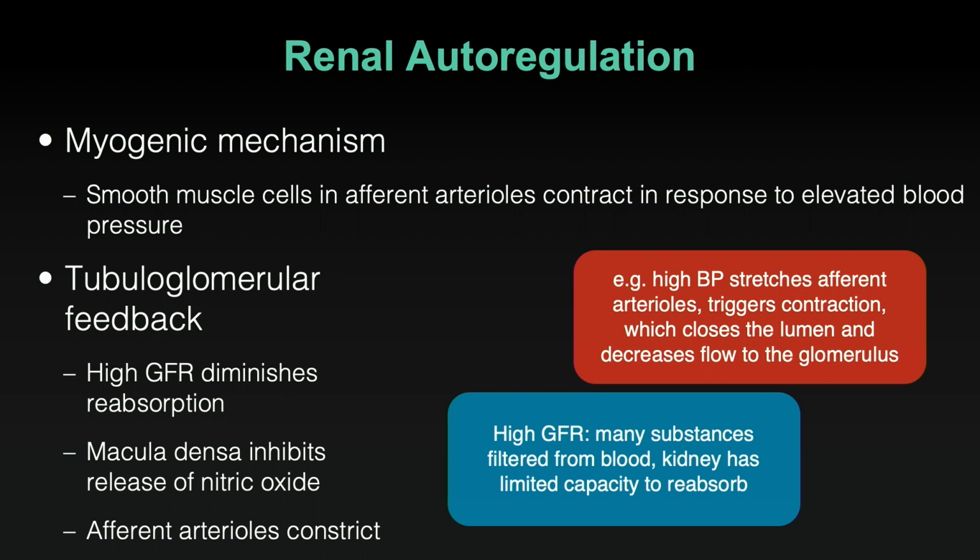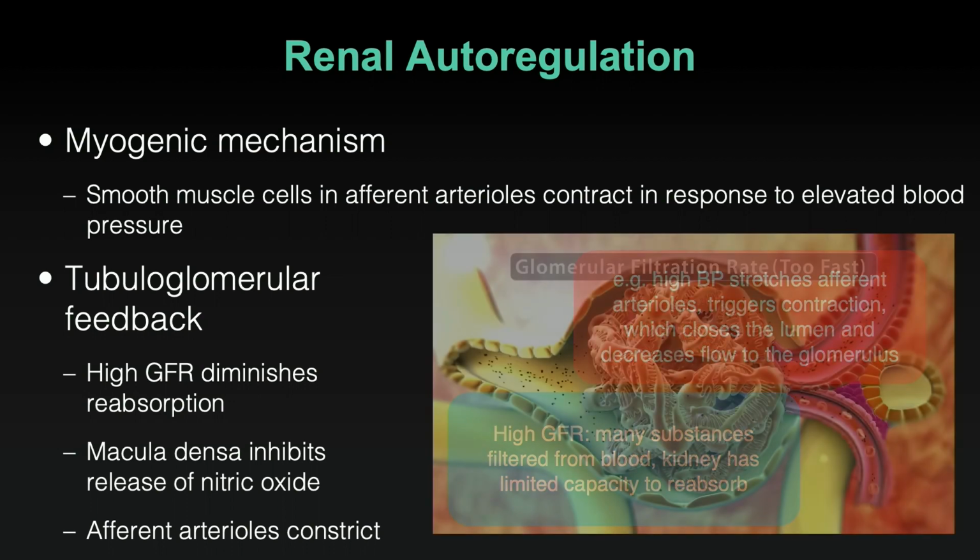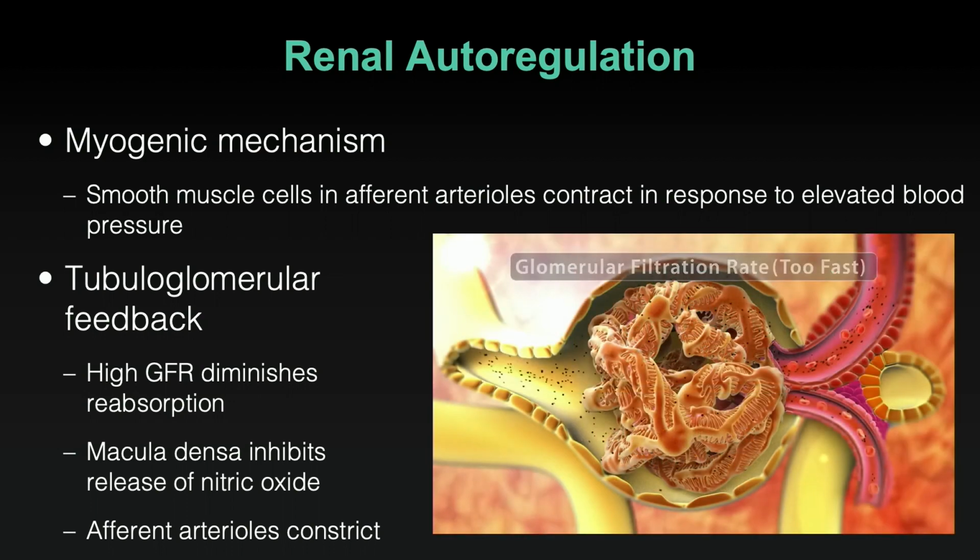So, if too much is being excreted and we inhibit vasodilation, that means there's less dilation, therefore the arterioles constrict, they get smaller. Less blood ends up in the glomerulus, less GFR ensues, less stuff is filtered out. So I'm going to recap that mechanism again really quickly.